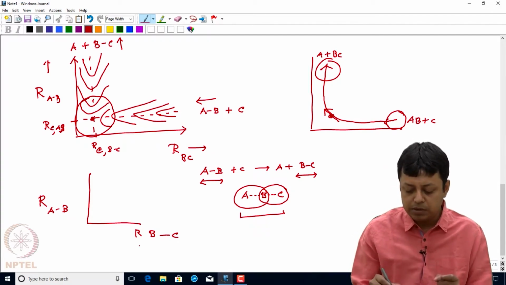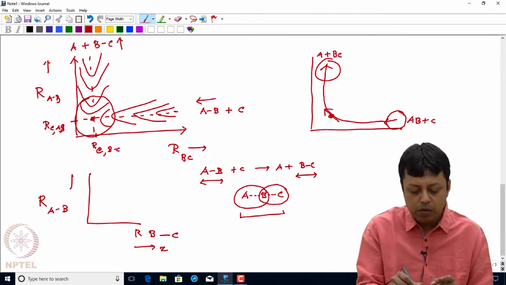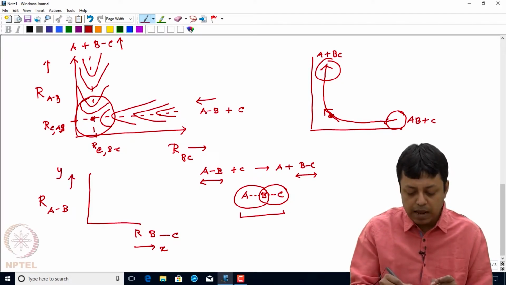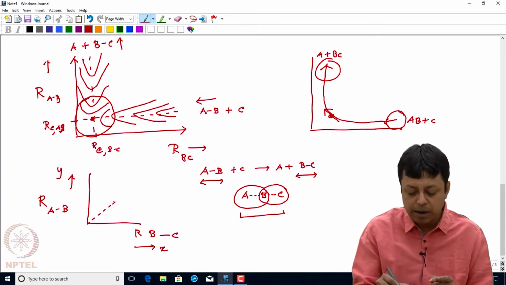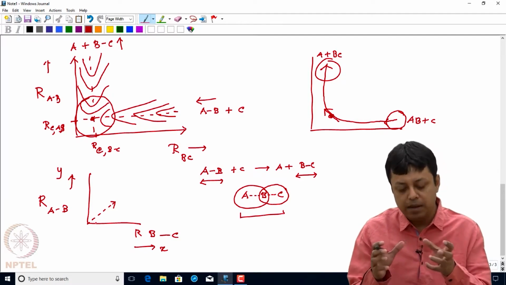Now here's the beauty. Along this direction, say the X direction, I have BC vibration. Along the Y direction, I have AB vibration. So along the transition state, I am saying that it is neither the X nor the Y vibration, but rather a vibration which is along this. If I move along this, as you can see, both the AB and BC are stretching to the same extent.